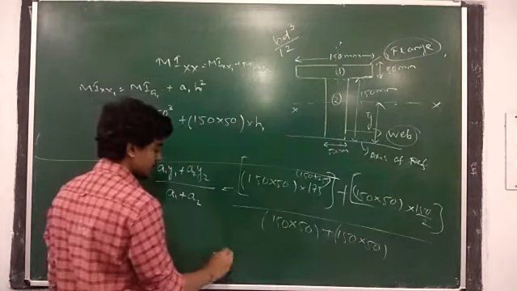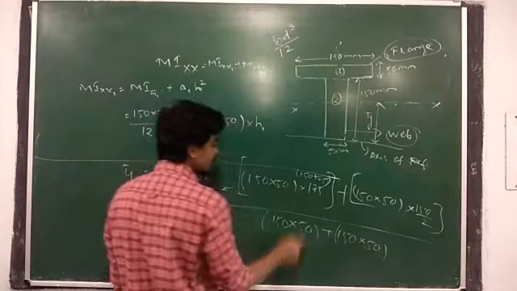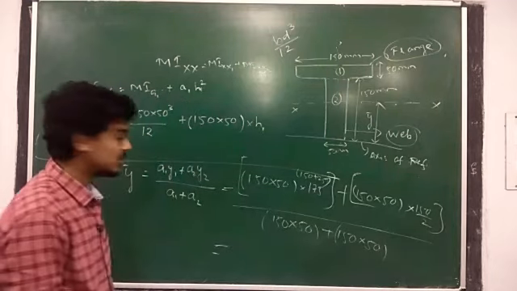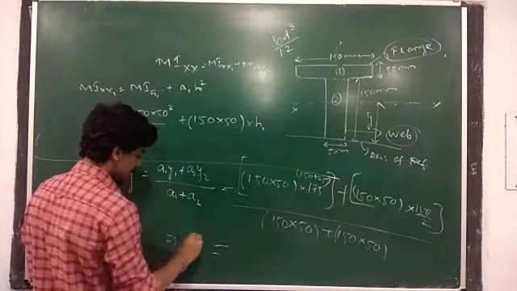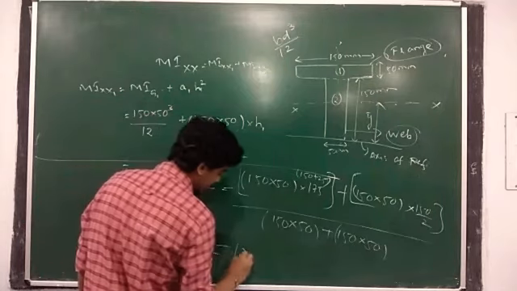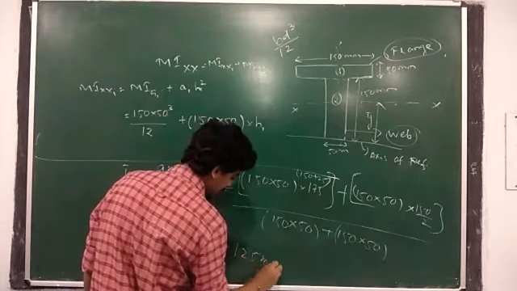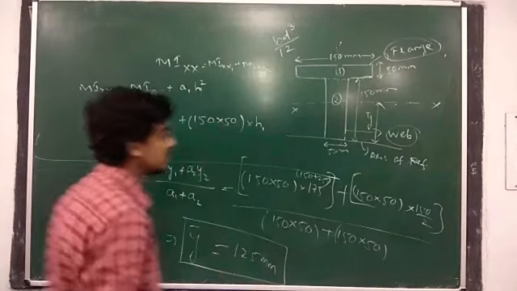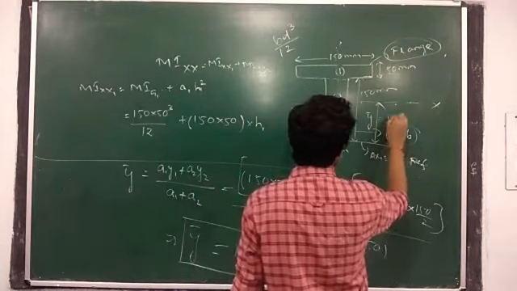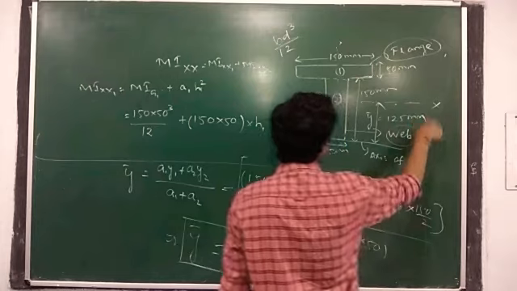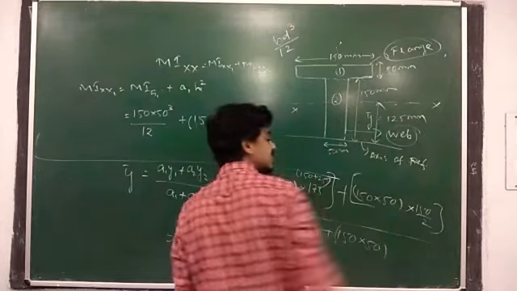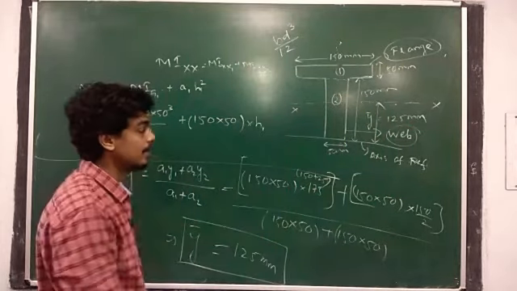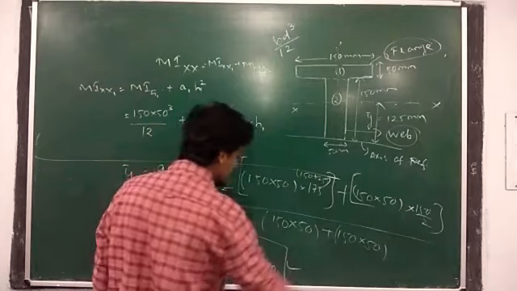Okay. If you calculate this value, this will come around 125 mm. So this is your centroidal distance. So here I can write this is 125 mm. Total is 150, but central distance is 125 mm. So now we calculated y bar.